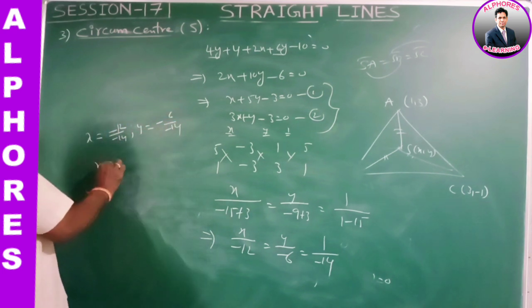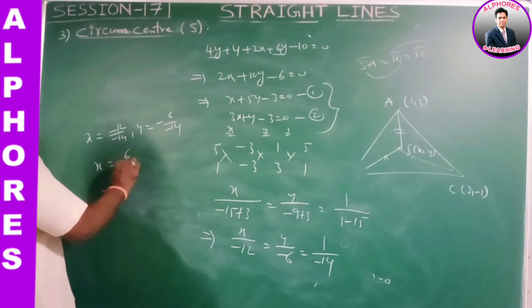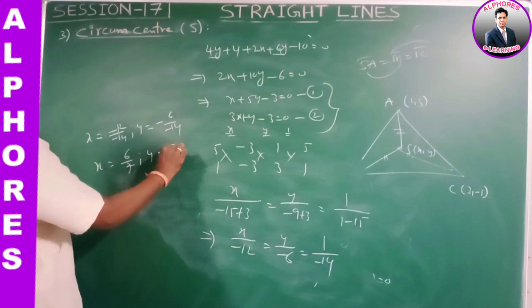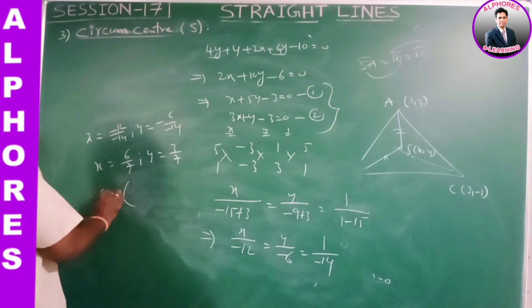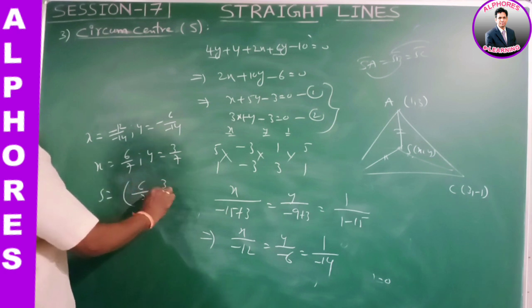That means x = 6/7 and y = 3/7. Therefore, the circumcenter S is (6/7, 3/7).